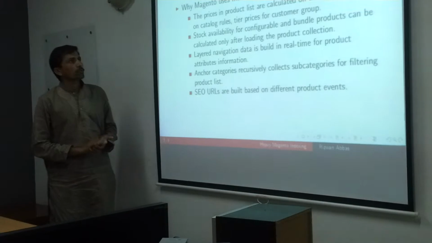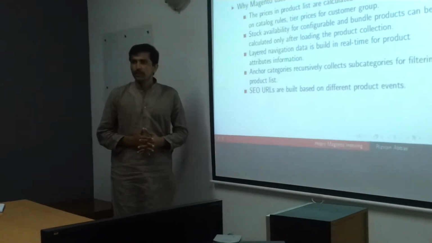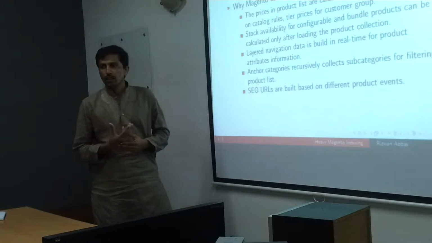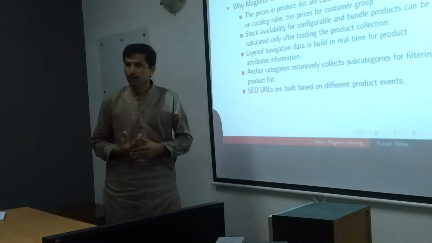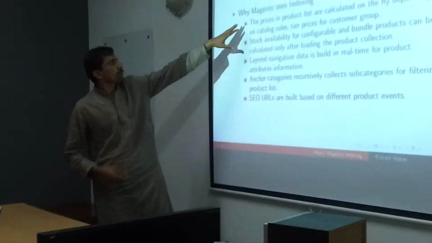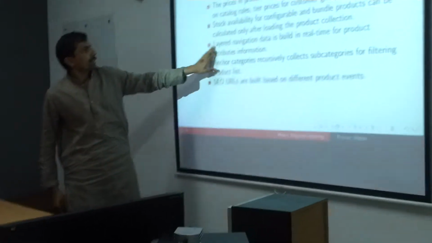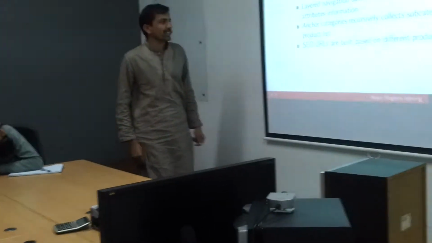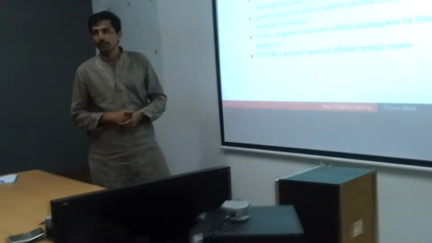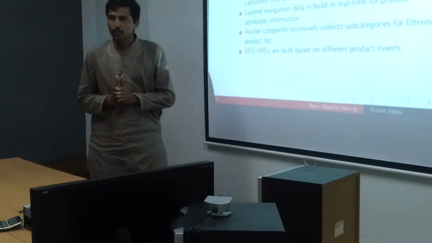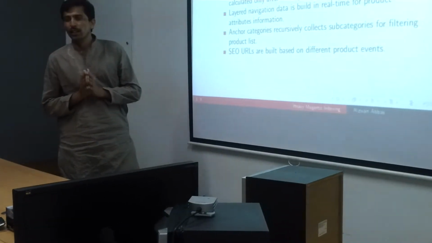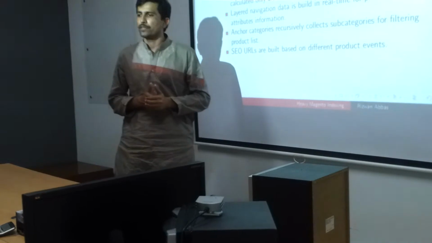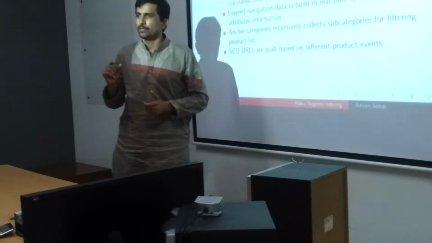So where does Magento use indexes? Basically, we have different data to display on the product pages in Magento, which include the prices, stock availability, layered navigation data, anchor categories, and SEO URLs. Magento has an EAV data structure at the back end, storing data using EAV, entity attribute value.